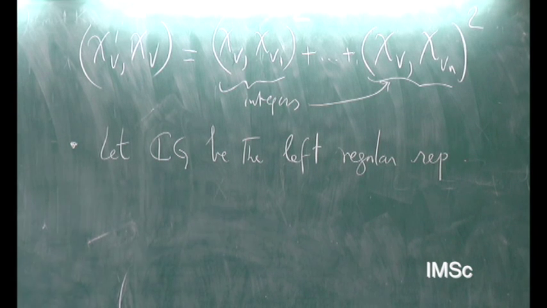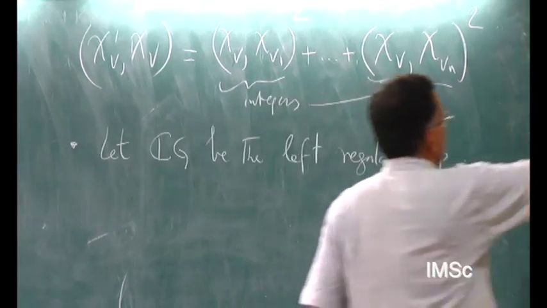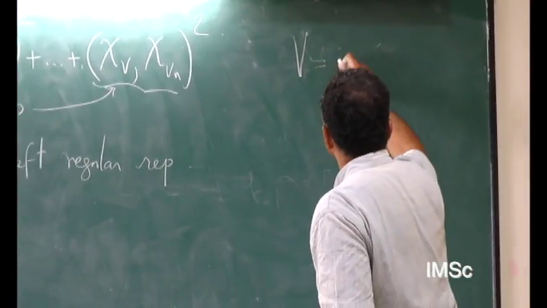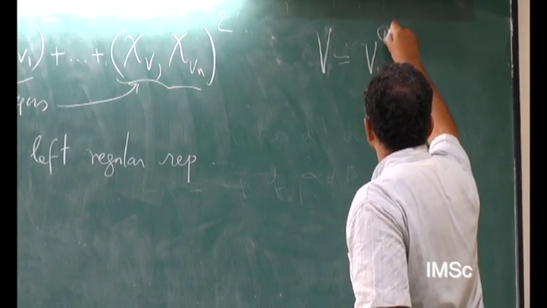Why integers? Because, see, V is equal to a1 V1 plus and so on.